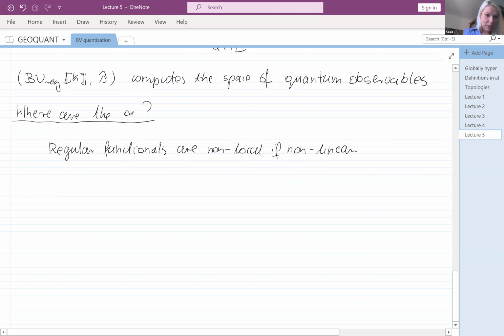So this is an observation, and the renormalization problem is how to extend T to local nonlinear functionals.